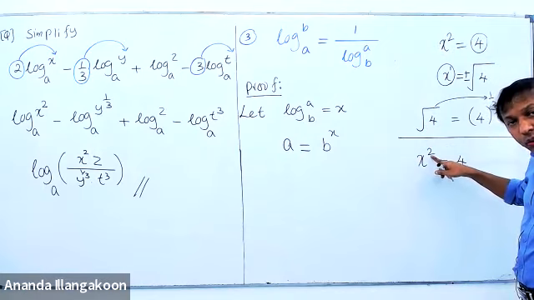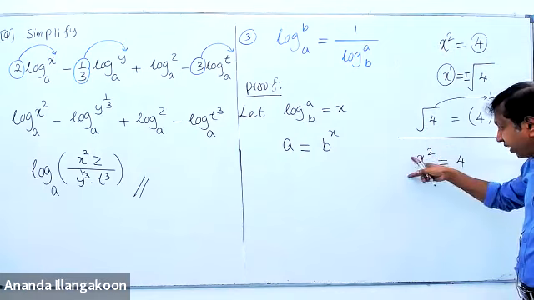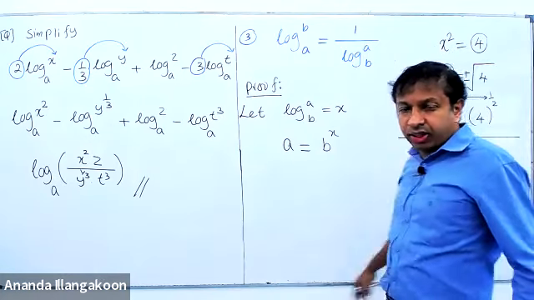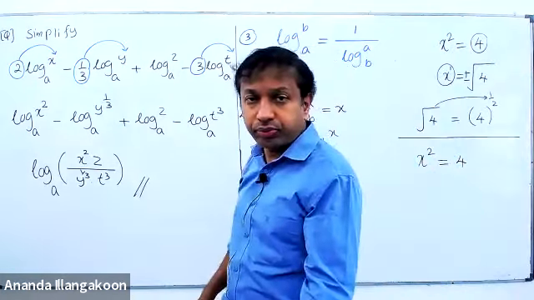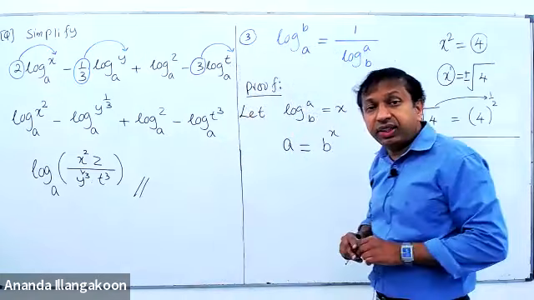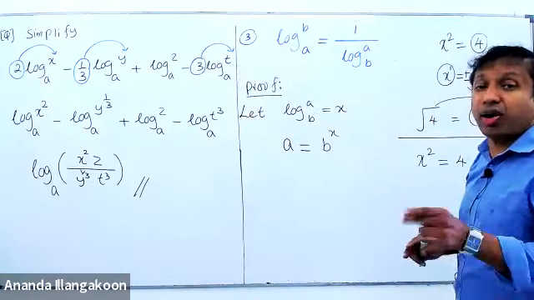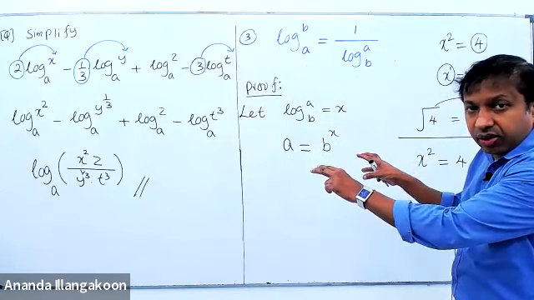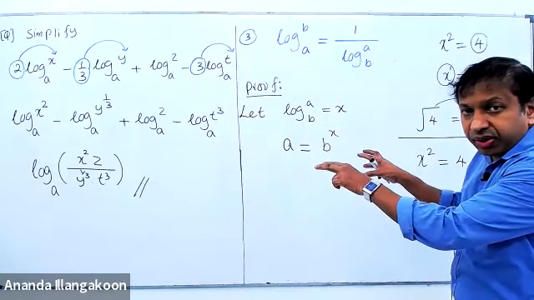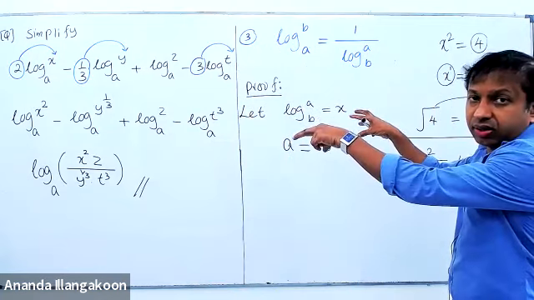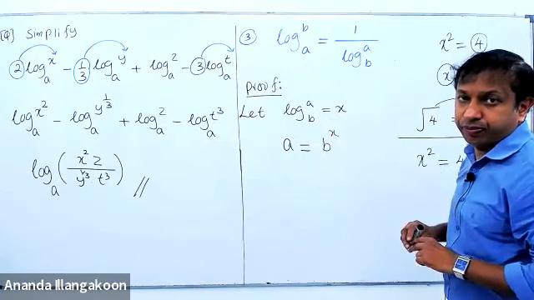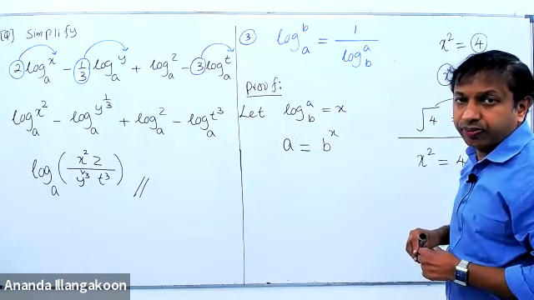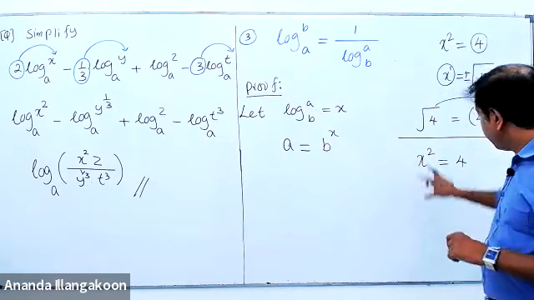For this, what we do, the left-hand side and right-hand side numbers are equal, no? Earlier I told you, when two numbers are equal, any power of them are equal. Using that, this is equal to this.